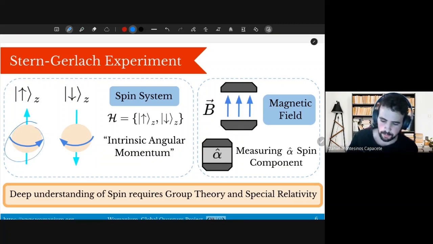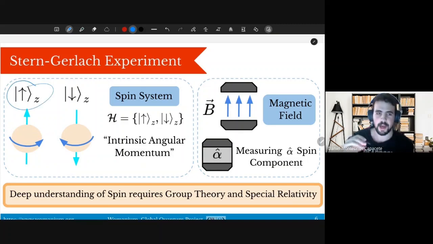So we have a particle. It's going to be spinning in one direction, as I have right here. So this will represent our up state in this direction, that I'm going to call set. And now you might understand a little why I called the previous vectors on the basis in this way, because we are going to use them in this Stern-Gerlach experiment.